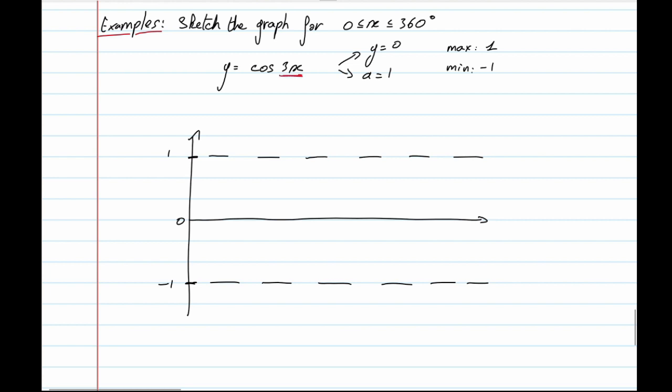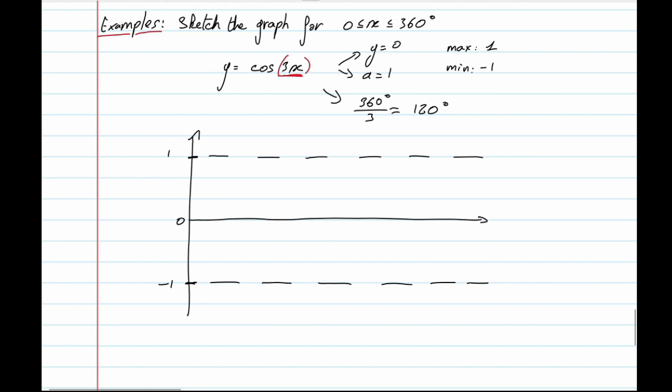The important thing is that inside we have cosine of 3x, so that means that the period for this graph is 360 divided by 3, which gives us a period of 120 degrees.